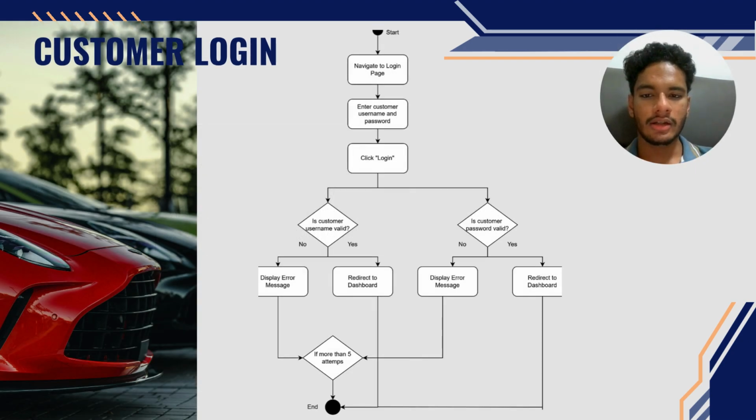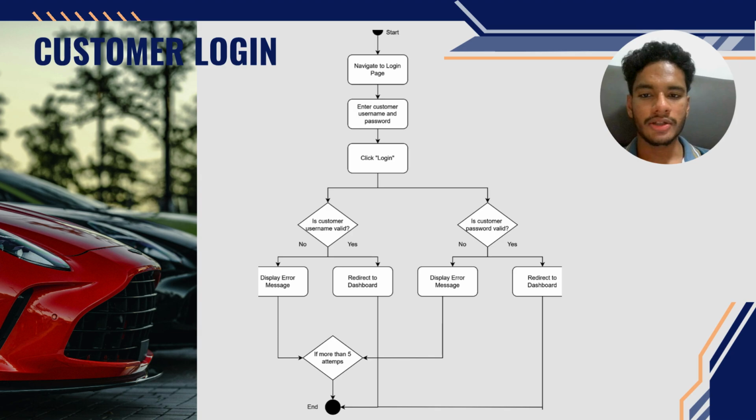This is the activity diagram for the customer login page. First is start, then the customer navigates to the login page. After that, the customer enters their password and username, then clicks login. After they click login, the system checks whether the password and username are correct or not.